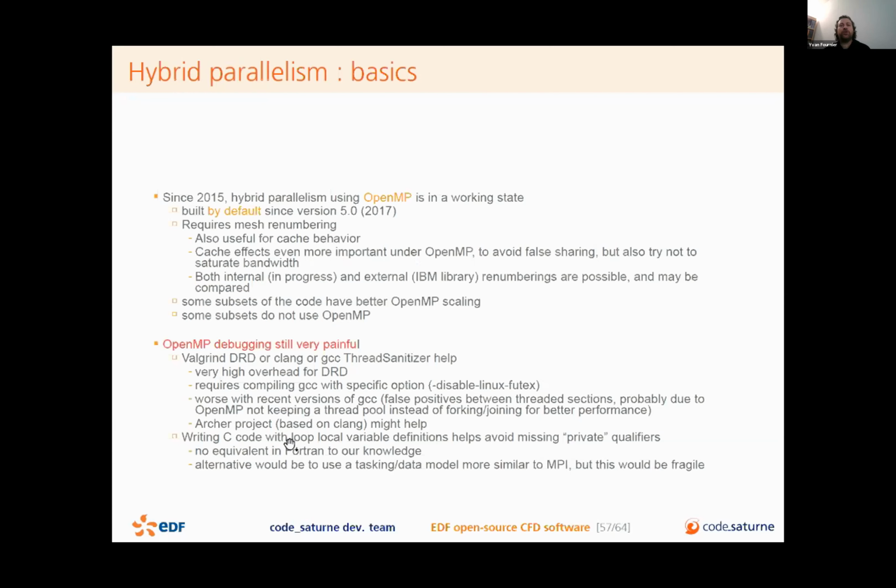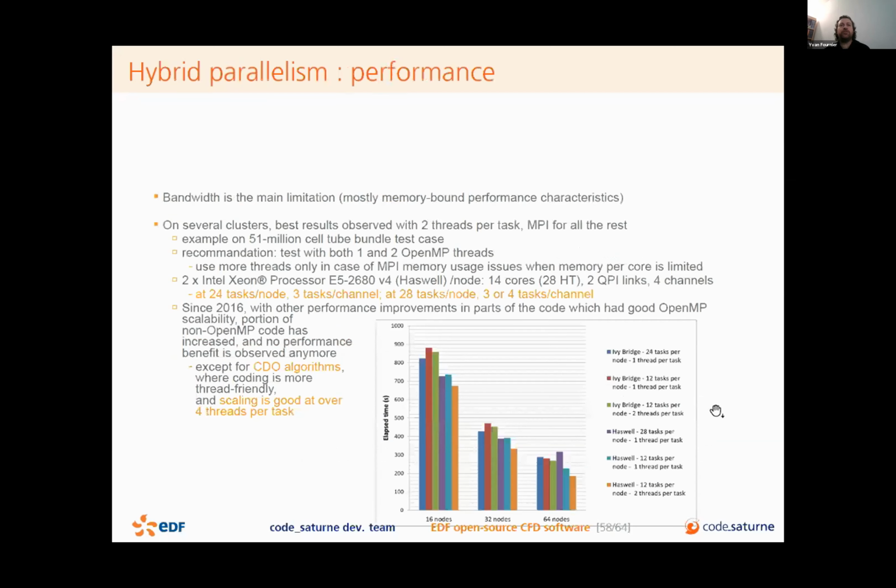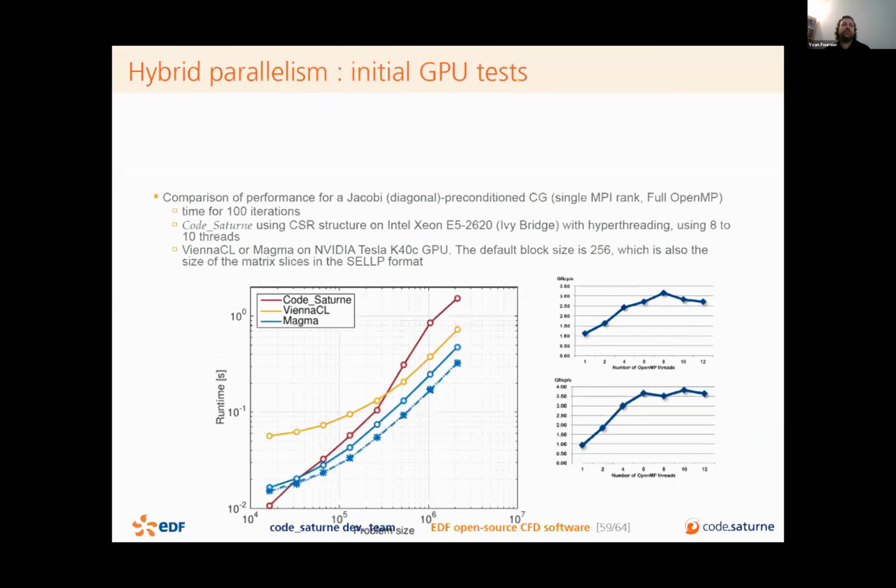And writing the code in C instead of Fortran, for example, makes local or private loops easier to build and allows avoiding a lot of those bugs, but it still is quite painful. And the advantages are not so huge in most cases. But it is basically a safety for the code for cases where MPI reaches its limits.